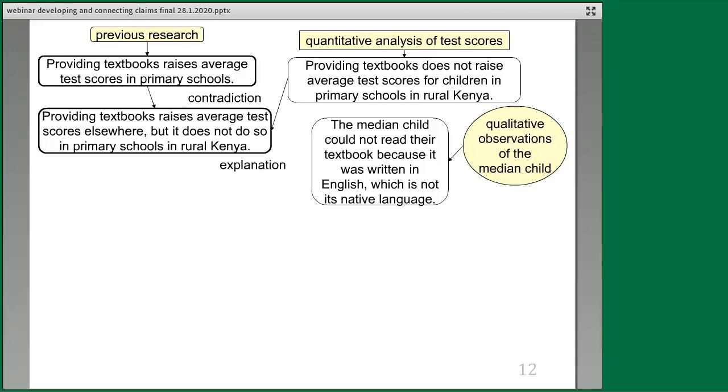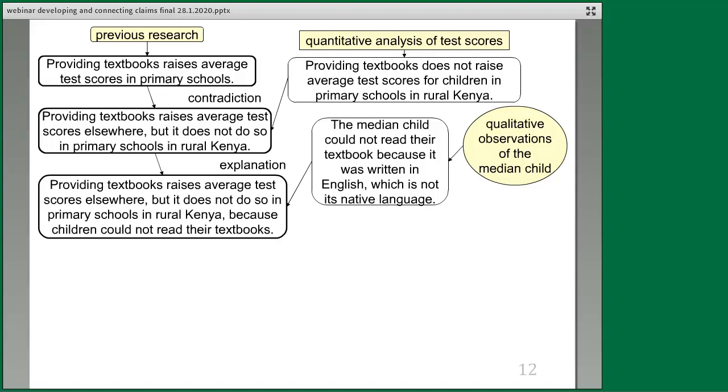And then we have an explanation for this contradiction, and we can connect the two claims again. And then we have our first, so to speak, real meta-inference, because it's based on qualitative and quantitative research, which says providing textbooks raises average test scores elsewhere, but it does not do so in primary schools in rural Kenya because children could not read their textbook.